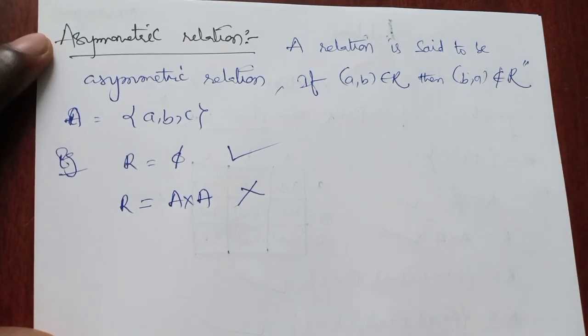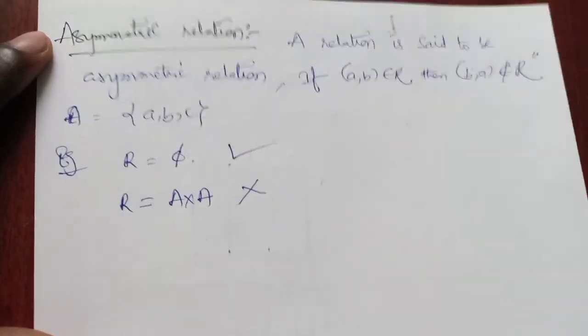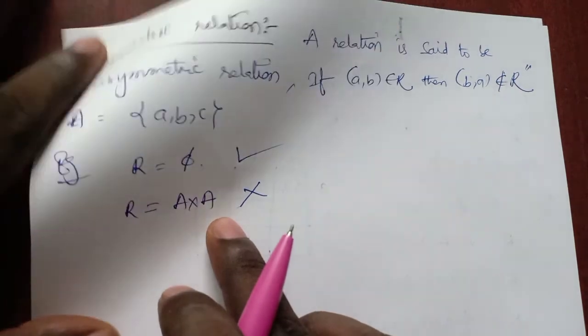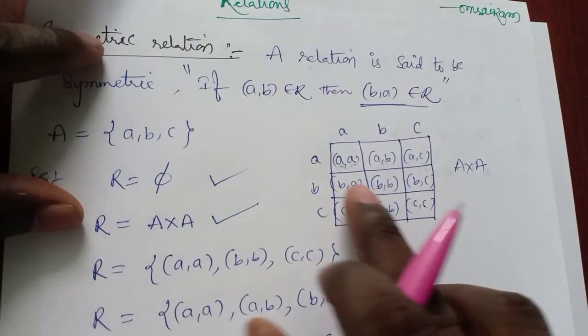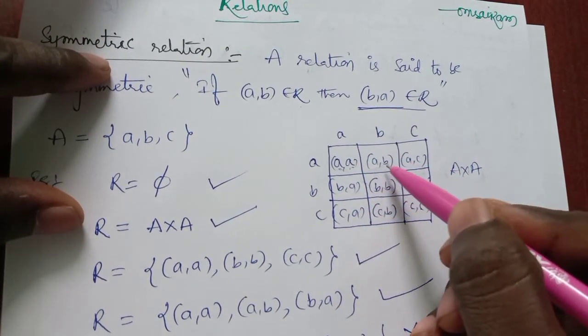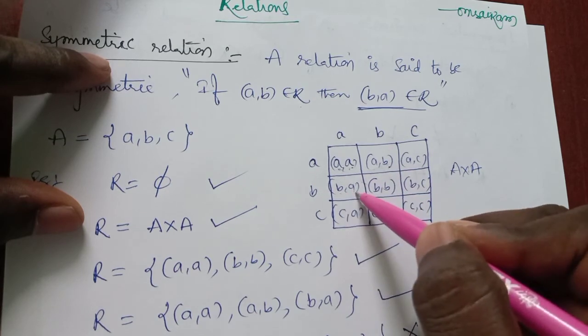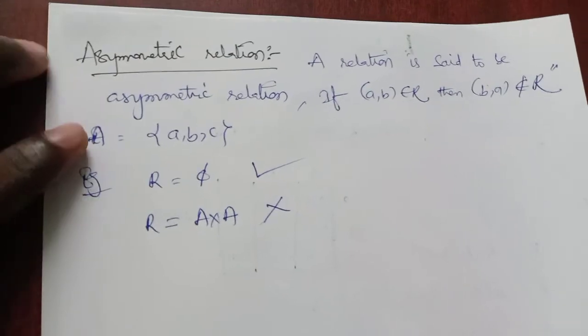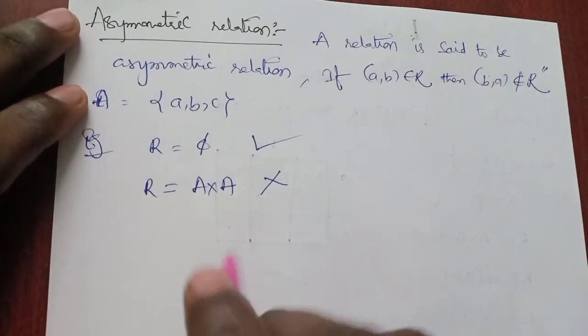Why? Because the Cartesian product contains all diagonal elements, and (A, B) is present and (B, A) is also present in that relation. That's why A cross A is not an asymmetric relation.